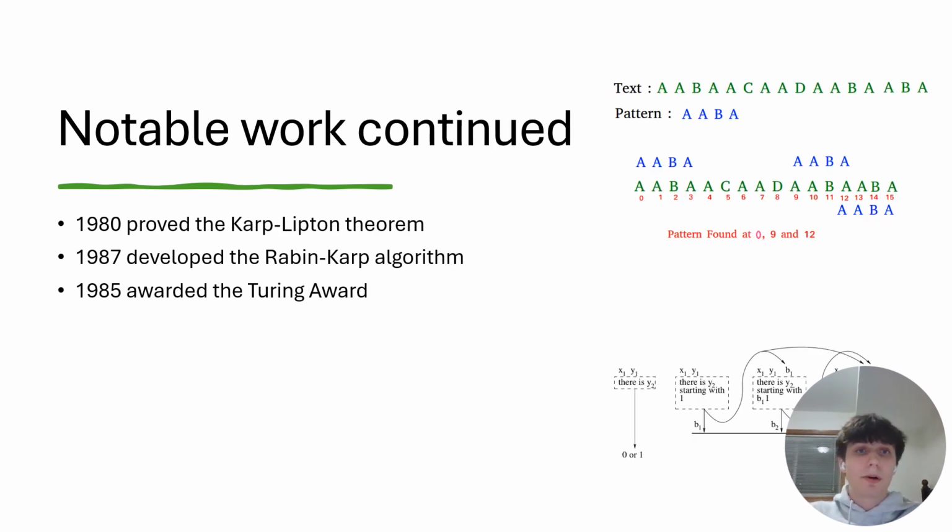Continuing with his notable work, Karp in 1980 developed the Karp-Lipton theorem, which proved that the Boolean satisfiability problem, also known as SAT, says that if a problem can be solved by Boolean circuits with a polynomial number of logic gates, then the polynomial hierarchy will collapse to its second level.